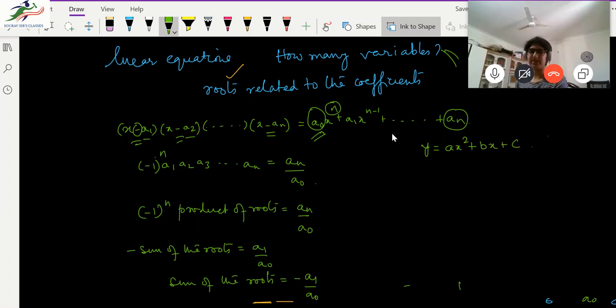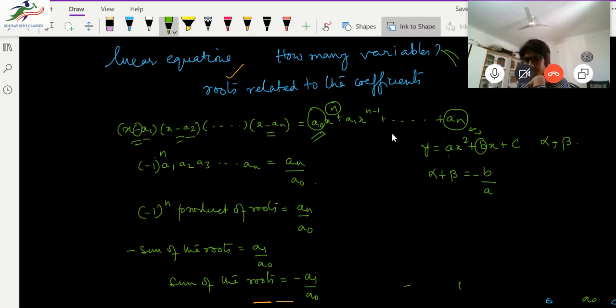If the roots are alpha and beta, then for alpha plus beta, you always do it like this. You just start from the highest power of x. Here it is x square. Just go to the next term, take that coefficient with a negative sign, and divide by the coefficient of the highest power of x.